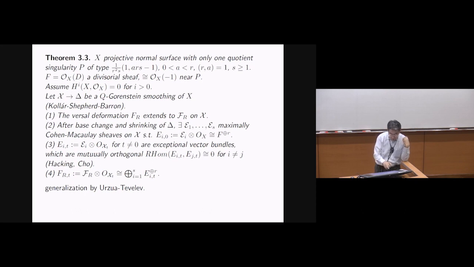So in this way, the versal deformation is unique up to isomorphism. Starting from a divisorial sheaf, I constructed the versal sheaf, which is unique up to isomorphism, and the deformation is also unique. So the generic fiber is unique, and by taking an indecomposable component, you get this vector bundle. So in this sense, these vector bundles are quite natural.